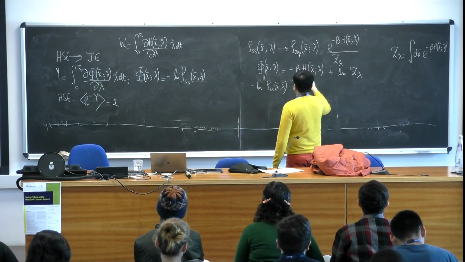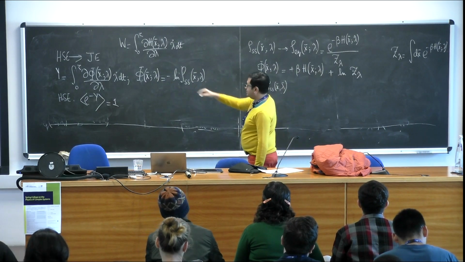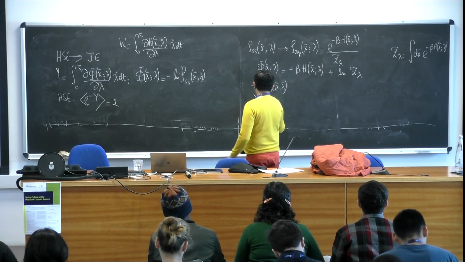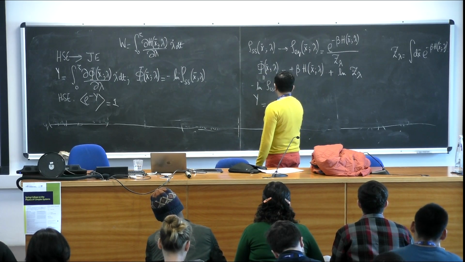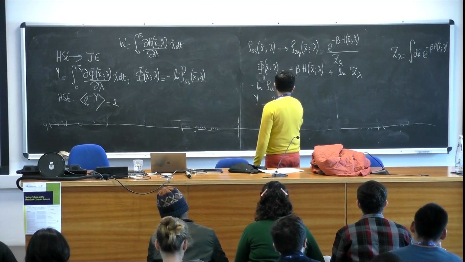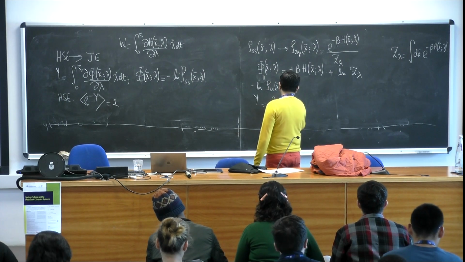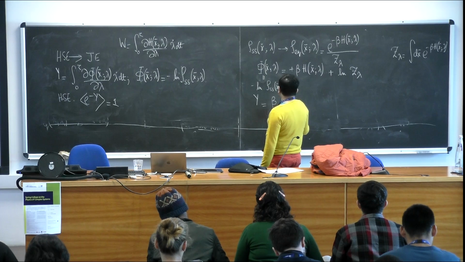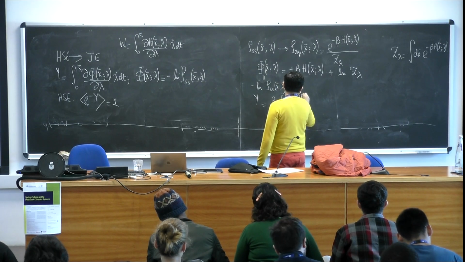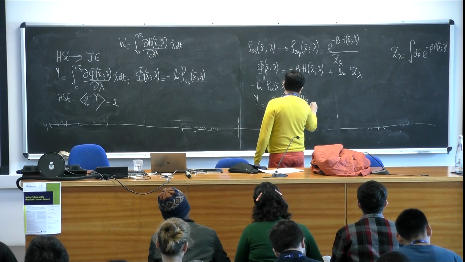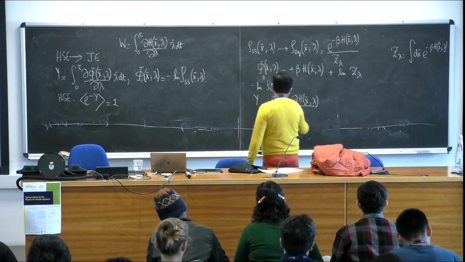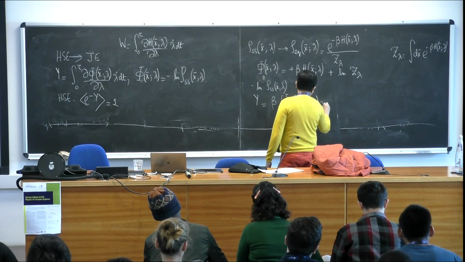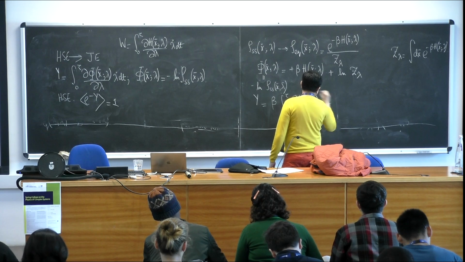So let me just plug this in here in the definition of y. What I get is beta integral from 0 to tau of del h of x, lambda over del lambda, times lambda dot dt.